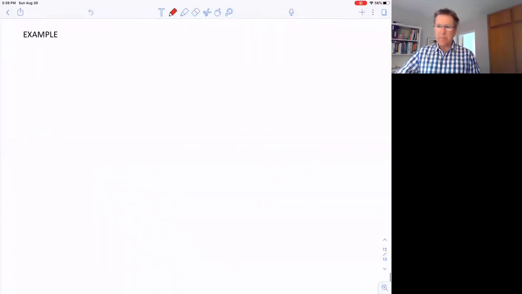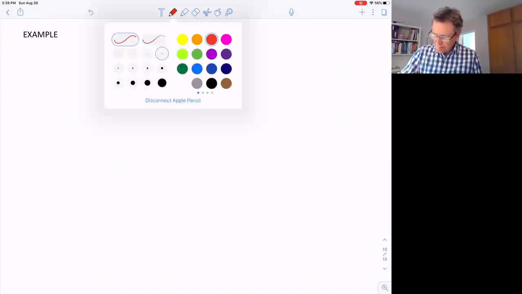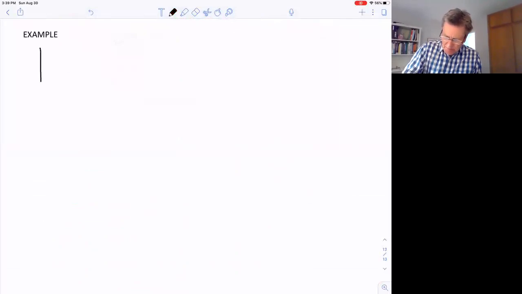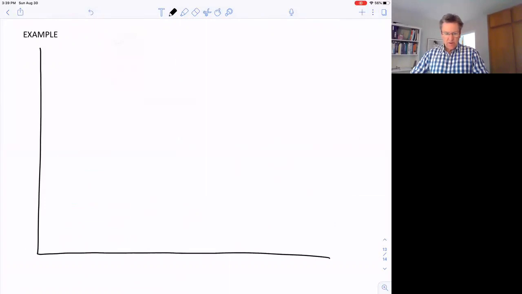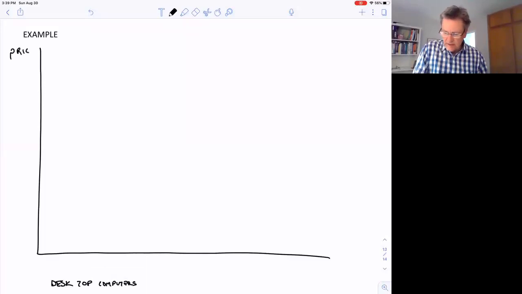So let's take an example. Let's look at computers, these desktop computers. Those are changing all the time. Let's look at the market with supply and demand. So these will be desktop computers. We'll put price on the vertical axis.